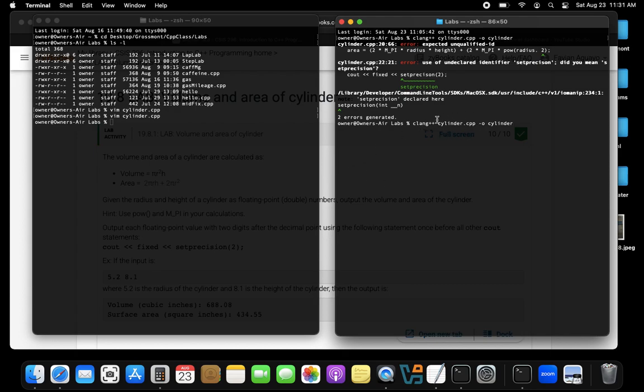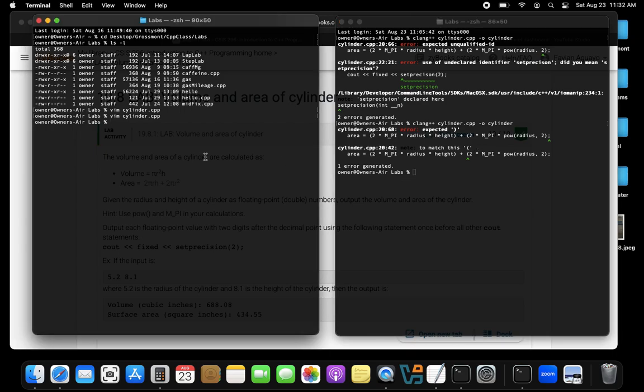Clang, the name of our CPP file, and then the name of our executable. Alright, now what's going on? We made a boo-boo. Let's see. Something's up here.